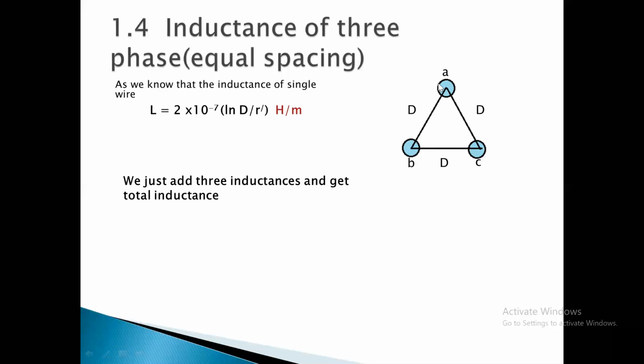You just find the inductance of A, put the value of D here and R dash, the radius of this conductor, because the distance is the same everywhere. So you just put the values here. So this is the equal spacing. But in most numerical problems, we don't get equal spaced conductors.